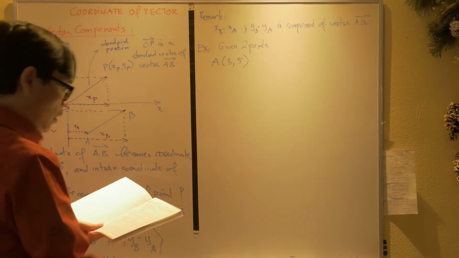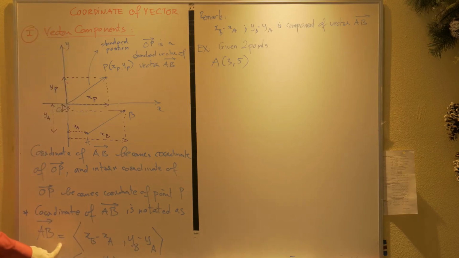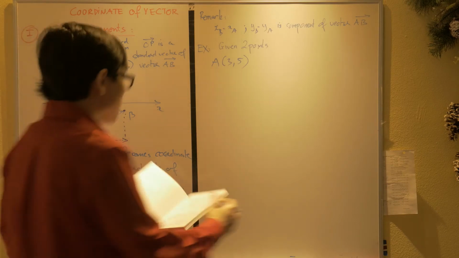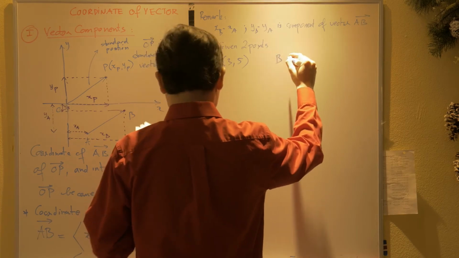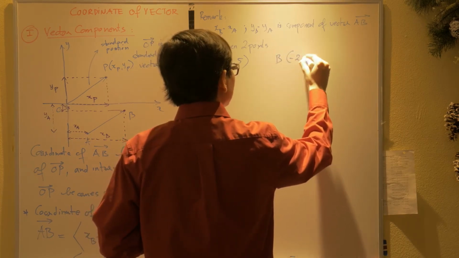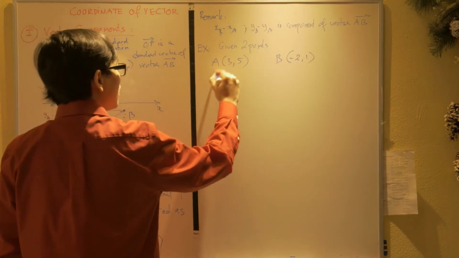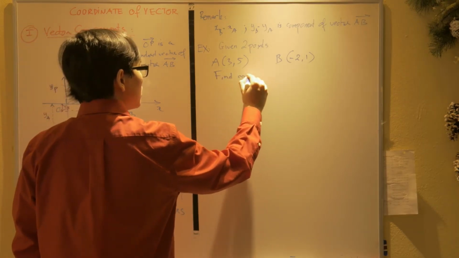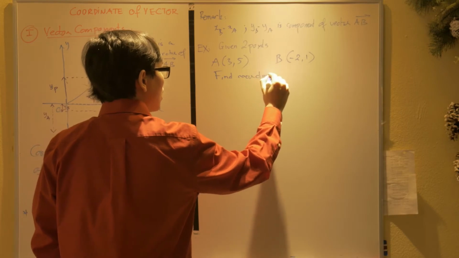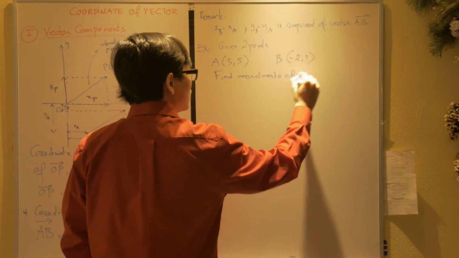But for the coordinate of a vector you have to put equal. And point B, you have the coordinate -2, 1. I want to find the coordinate of vector AB.